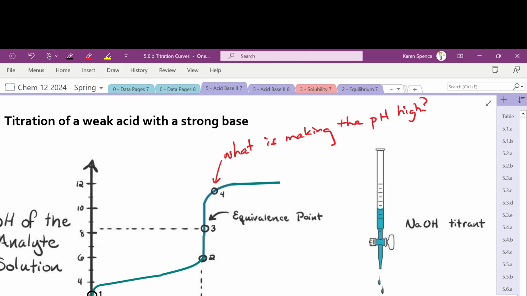What is making the pH high? The NaOH, because we're adding more NaOH.